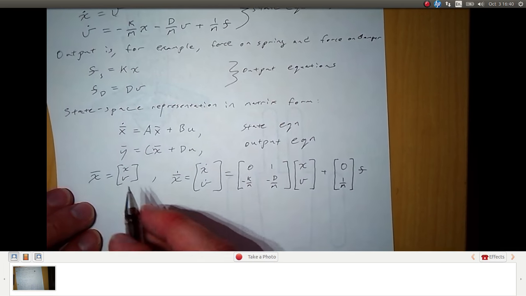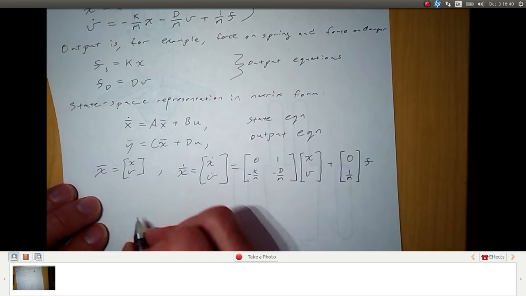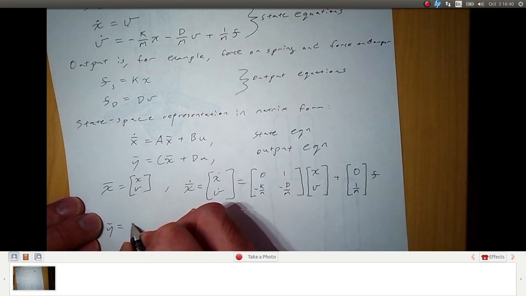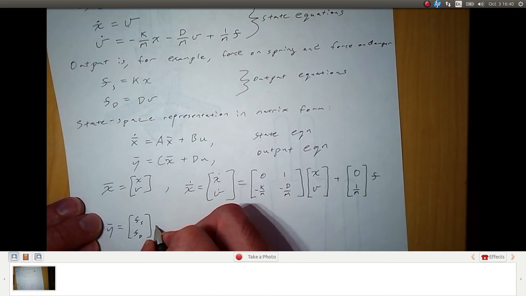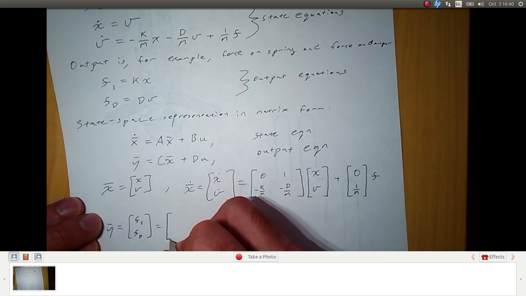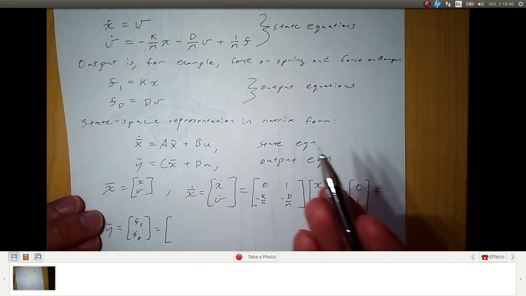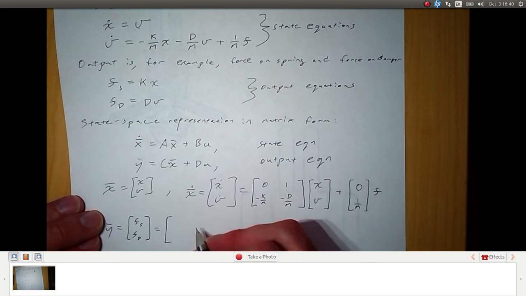And now our output, let's see, y bar is equal to a vector comprising the spring force and the force on the damper, Fd. And again, it's a linear combination of the state variables and the input.